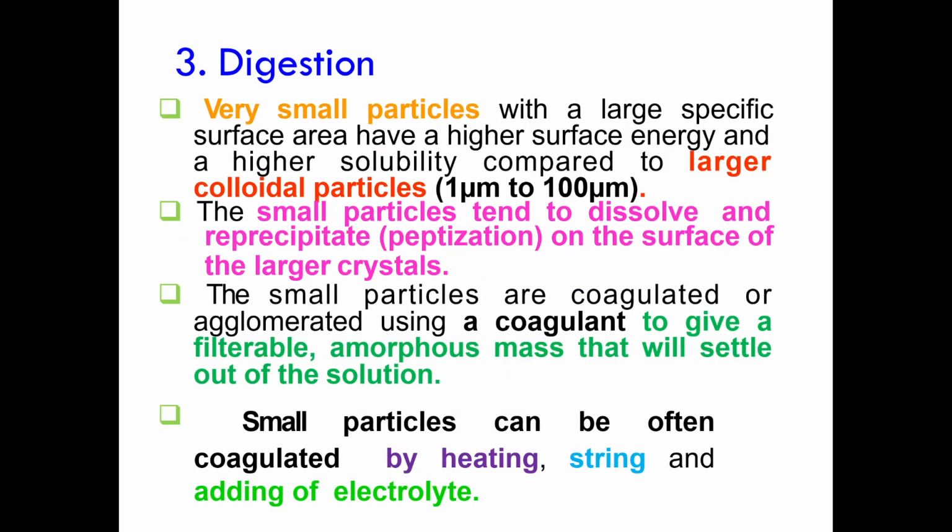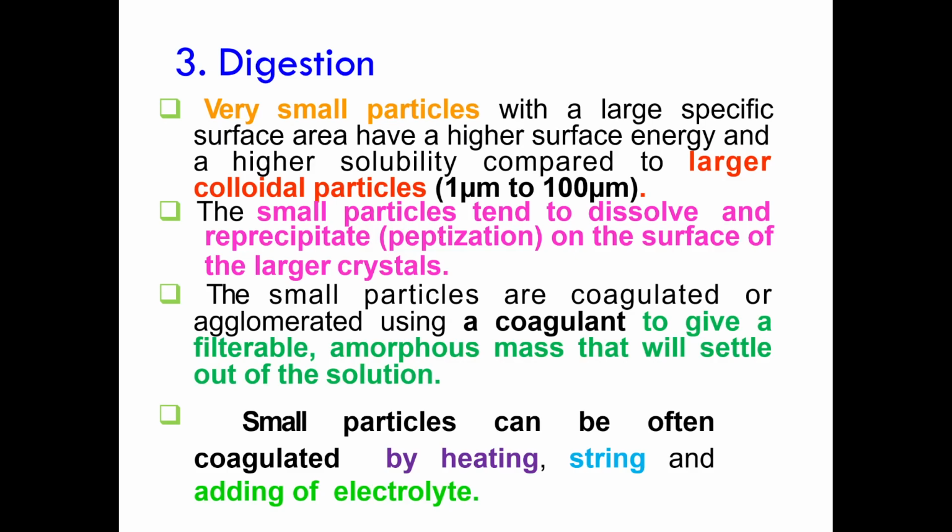A very small particle with a large specific surface area has a high surface energy and high solubility compared to the large colloid particle between 1 micrometer and 100 micrometer. So the small particles tend to dissolve and reprecipitate. So that is the digestion. When the small particles dissolve and reprecipitate, the precipitate produced is bigger.